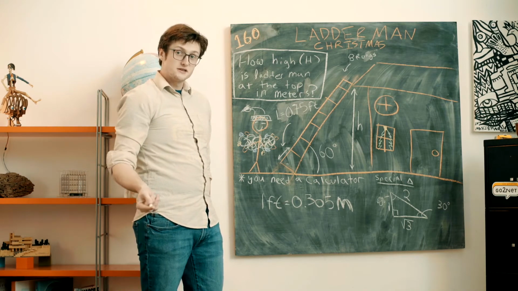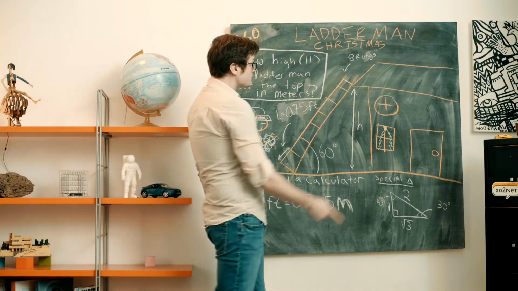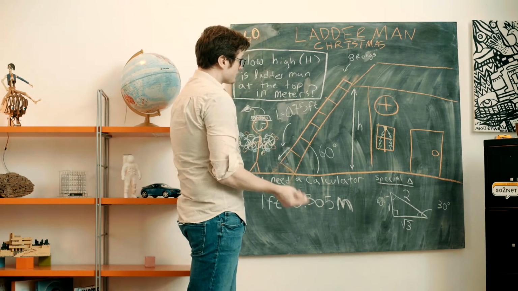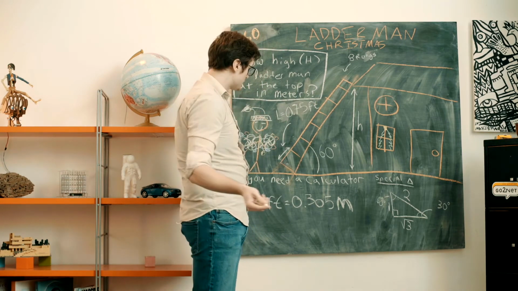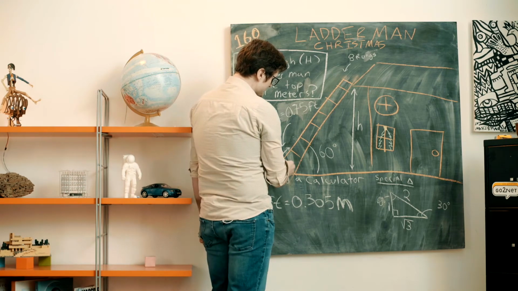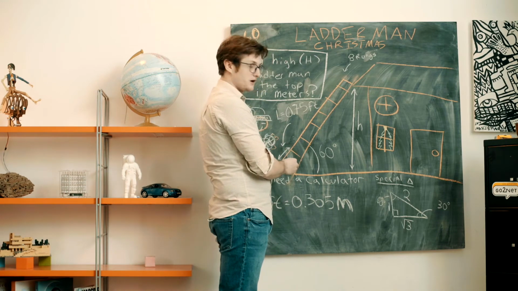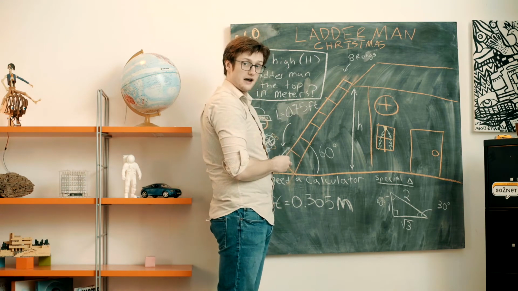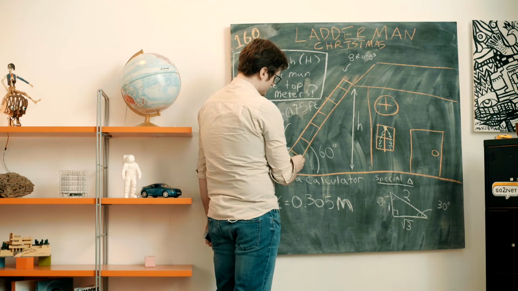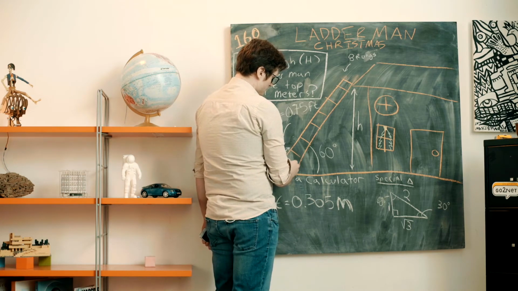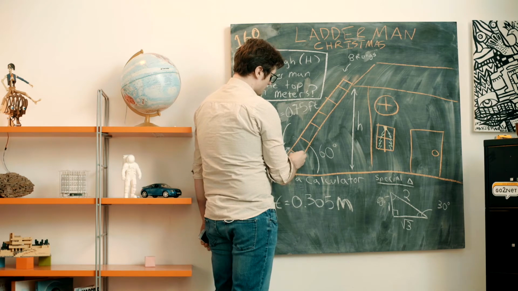So first things first, pretty easy. If there's 8 rungs here, we can figure out how long the ladder should be, right? The distance between each rung is 0.75.